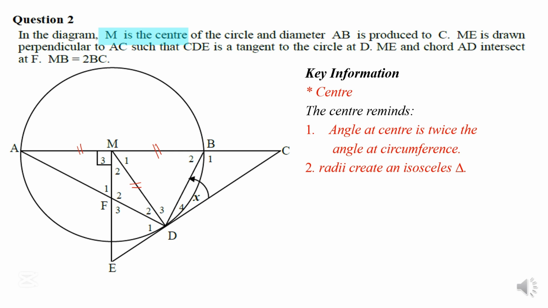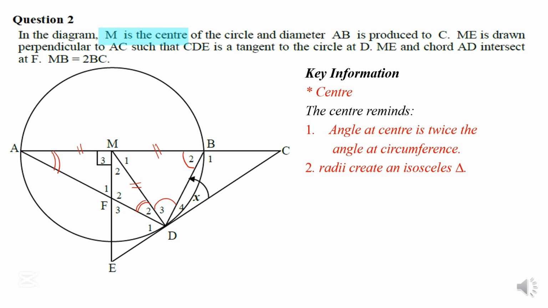Now in triangle AMB, we have discovered that it's an isosceles triangle. So angle A and angle D2 are equal to each other. They are angles opposite equal sides. Then D3 is equal to angle D2 because triangle MBD is also an isosceles triangle.